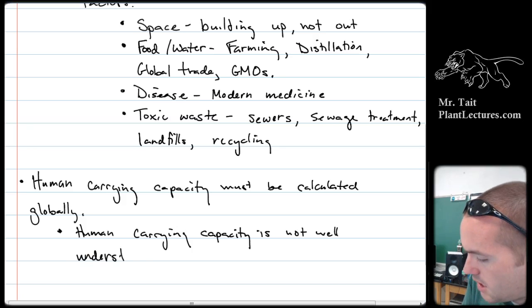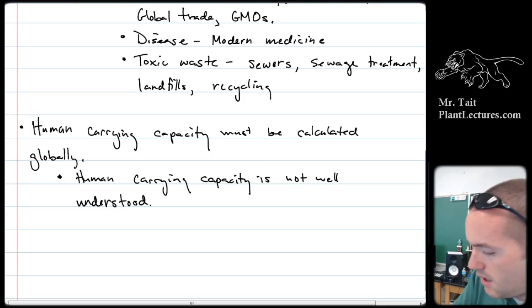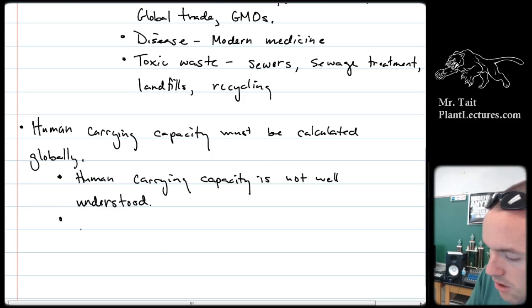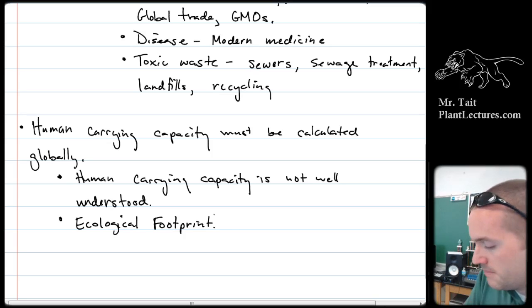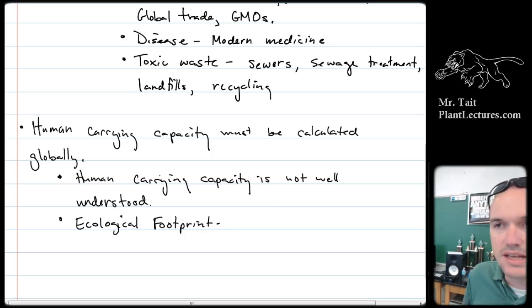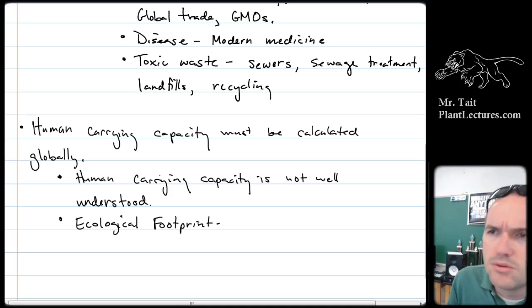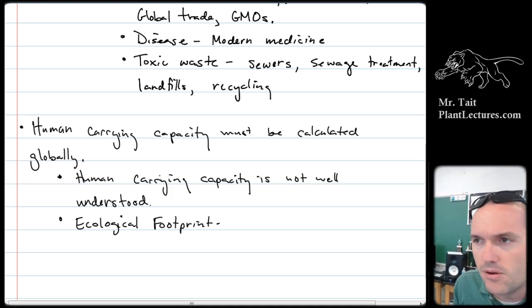What we do understand about it is a concept called the ecological footprint. So we say that every person has an ecological footprint. And what that means is every single person, based on their daily activities, what they eat, where they get their food, all these things, is going to have a different ecological footprint.